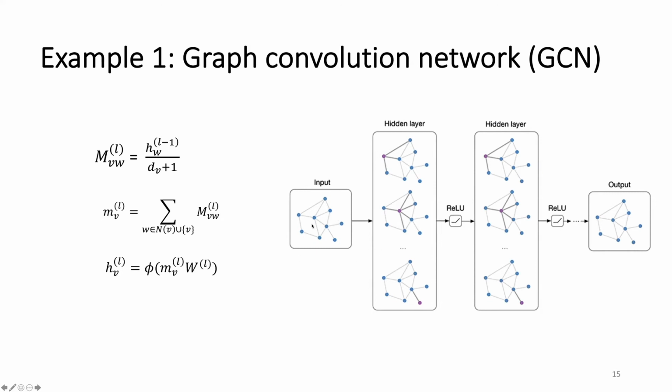So pictorially, given an input graph like that, during each layer of the GNN, for every node, it receives the representations of the neighboring nodes. It first aggregates the representations of each neighbor, and that aggregation involves the neighboring nodes as well as the representation of the node itself, right?